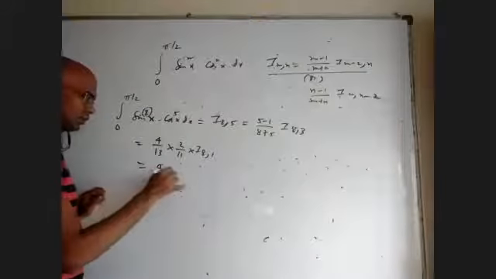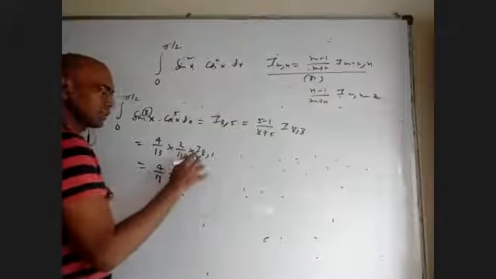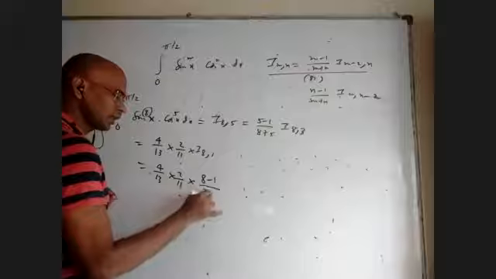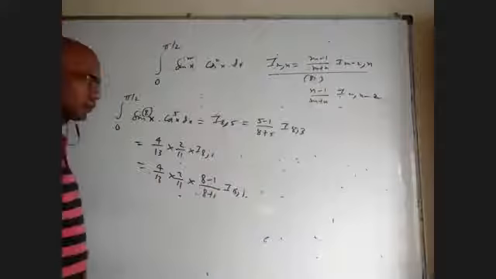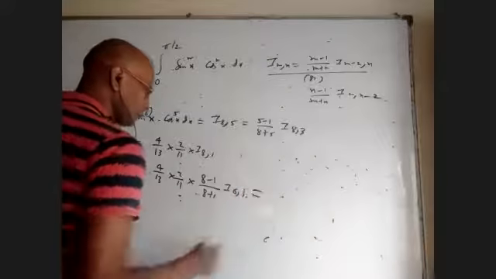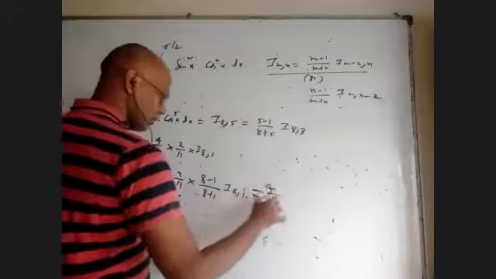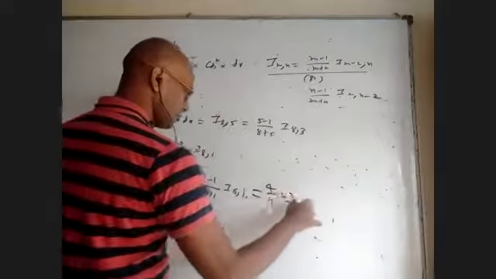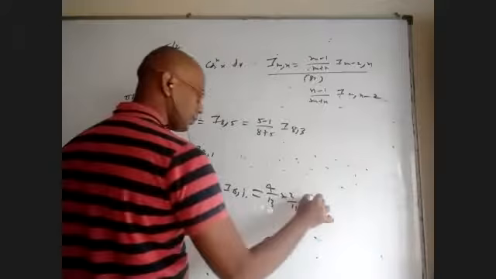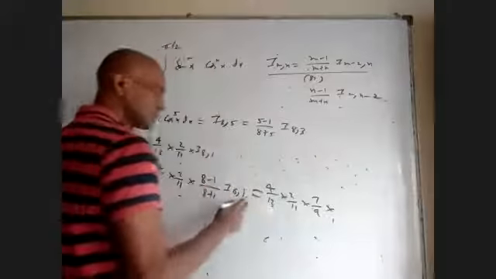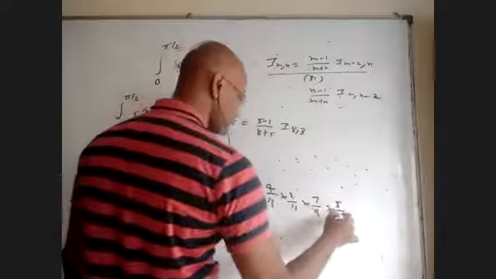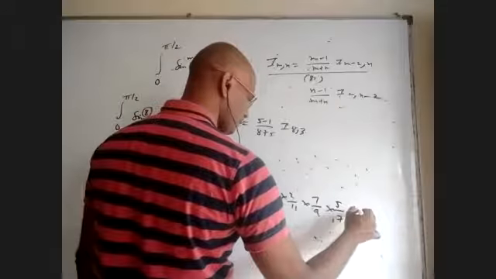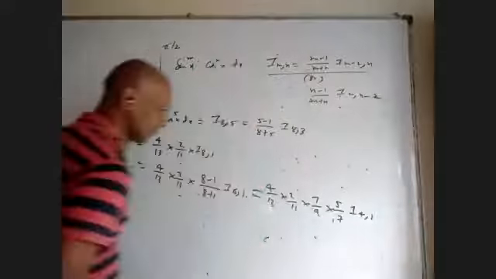4 by 13, 2 by 11. This will come 8 minus 1 by 8 plus 1, I 6 comma 1. There's a reason purposely I'm doing this. That is 4 by 13, 2 by 11, 7 by 9. The I 6 comma 1, by using the similar formula, is going to come 5 by 7, I 4 comma 1.